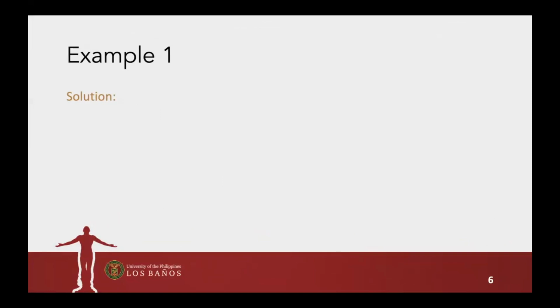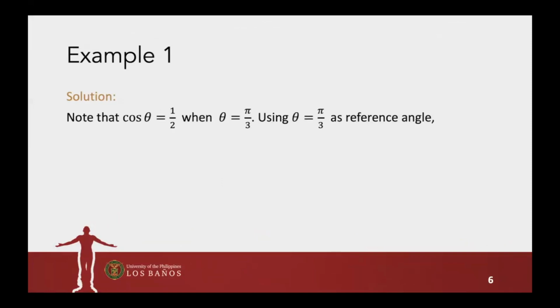So now that we know that fact, take note that cosine theta is equal to 1/2 whenever theta is equal to pi over 3. So we use theta equals pi over 3 as a reference angle so that we will be able to get the corresponding angles in the second and in the third quadrant.